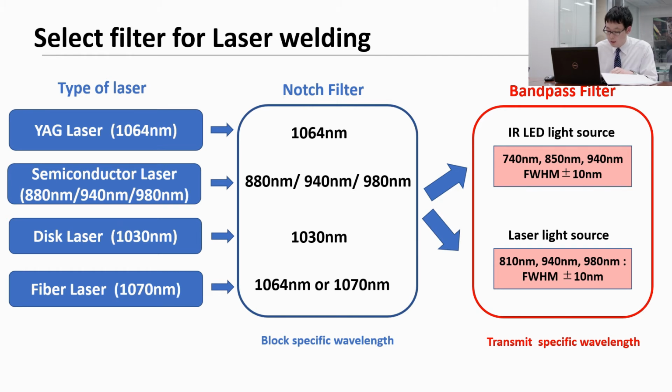If we select 810 nanometer laser light source, we need to select around 810 nanometer bandpass filter, transmitting all the wavelengths of laser light source. Like this figure, when we shoot laser welding, we need to select appropriate filter according to type of laser and light source.